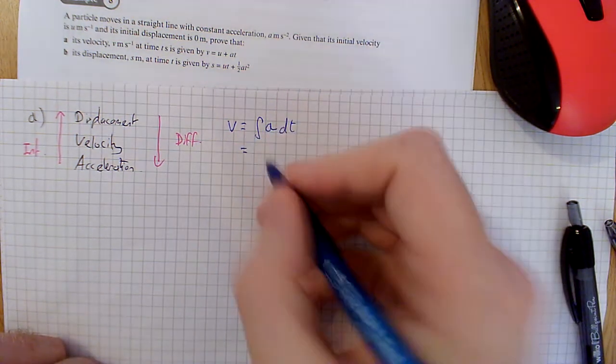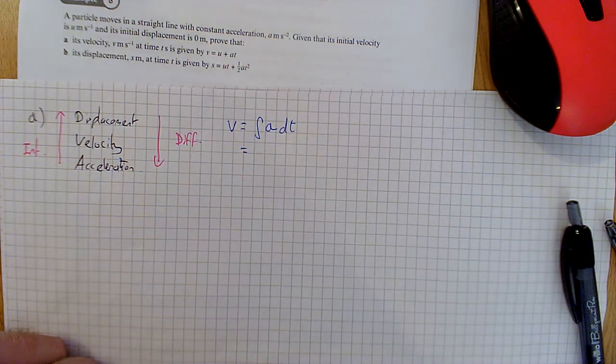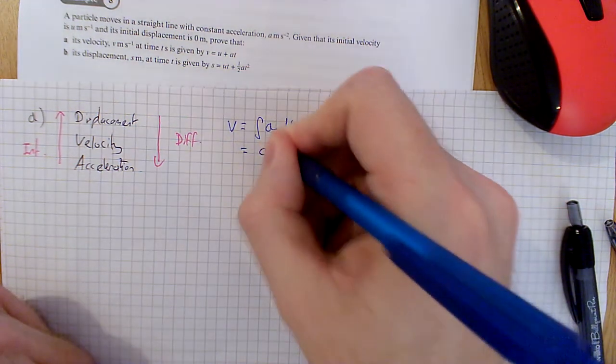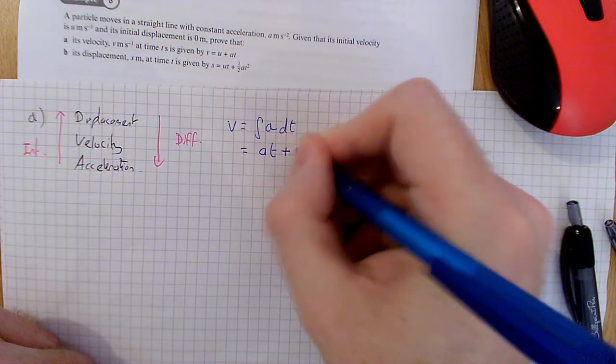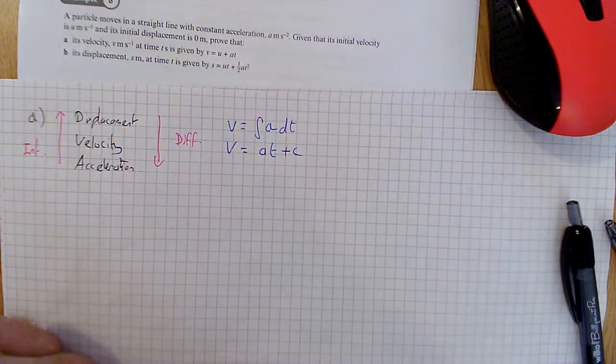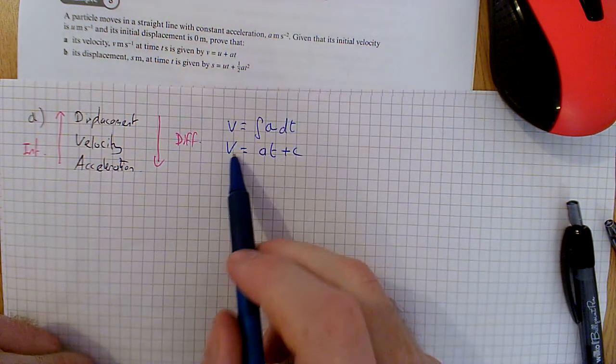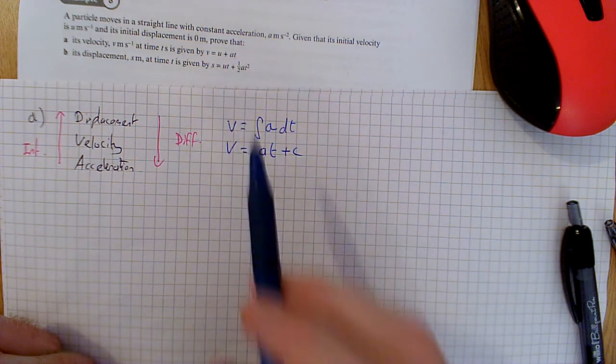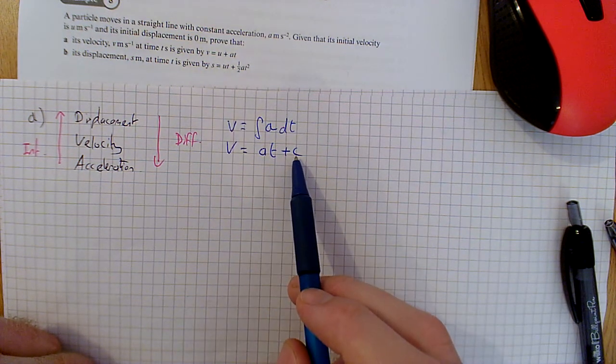So if we integrate this a term, a is just a constant in this case because the integration is with respect to t, we'll end up with at plus c, where c is the constant. And you can see straight away this looks very similar to our v equals u plus at equation, but we've got a c rather than the u.